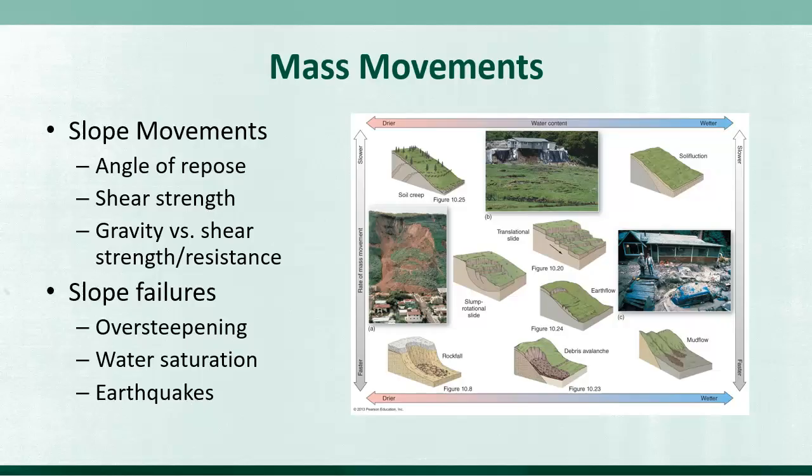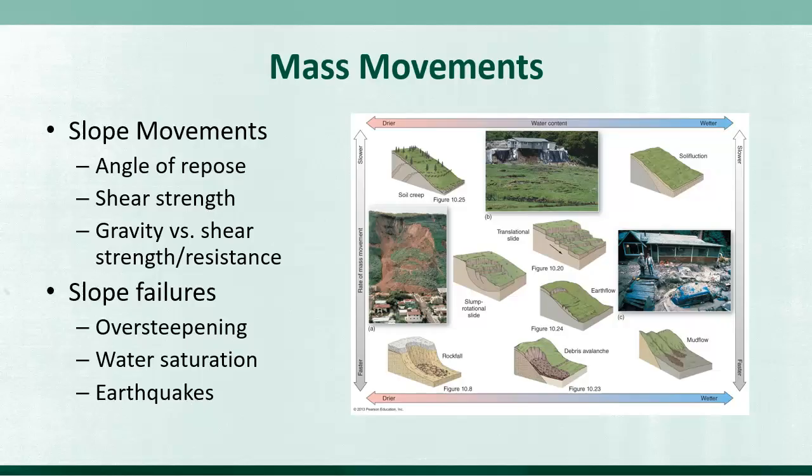Gravity is always pulling down on a slope. What keeps that slope up is all the friction of the particles that are in it, be they dirt or rock or regolith, whatever it happens to be. But through time, we have different types of processes that cause the slopes to become steeper, or more likely to move, than what the materials in the slopes are able to hold up.